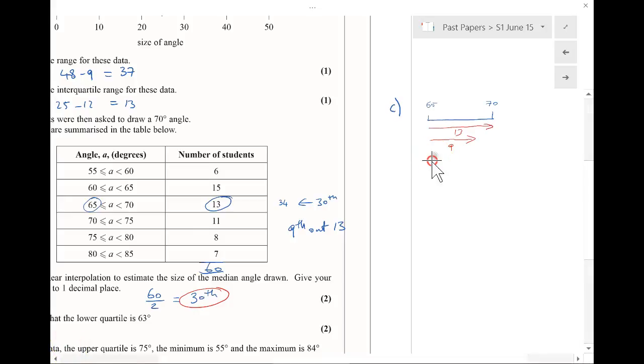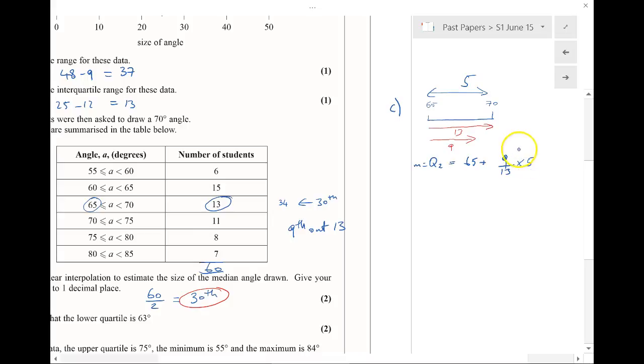We have Q2, the median, or the median if you prefer, is 65, or remember it's an estimate, plus the 9 out of 13 times by the class width. Notice it's not 10, it's 5 from here to here. 65 take 70, so it's times 5.